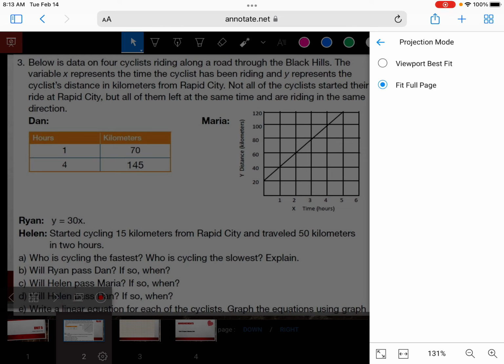Grab 4. Oh, look, there's even a ruler in here. Hold on a second. Okay. You need 4 colored pencil colors. 4 different colors to represent the 4 cyclists. Heck yeah.